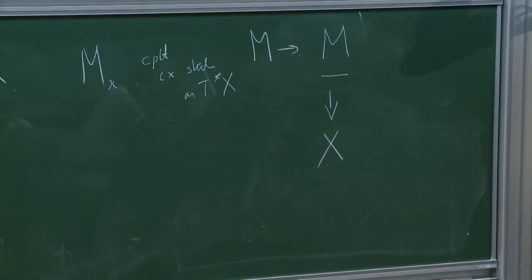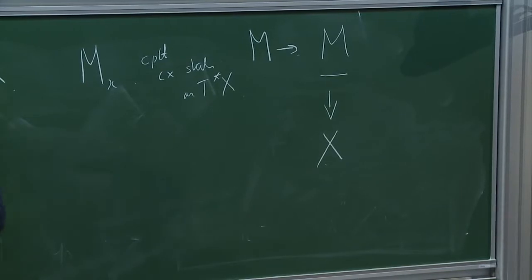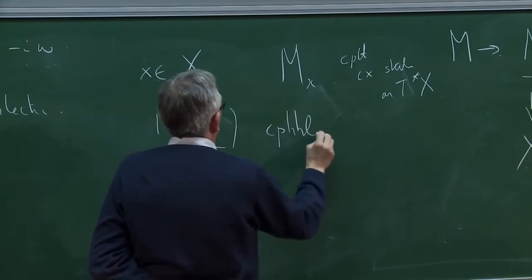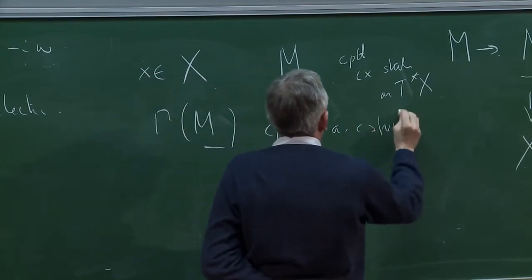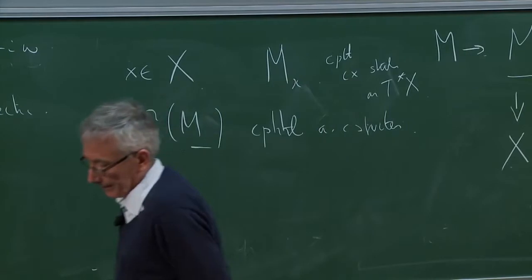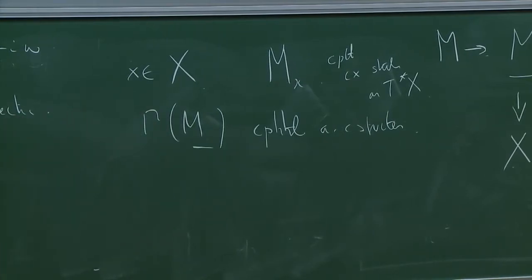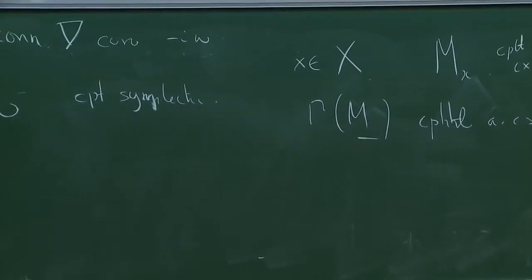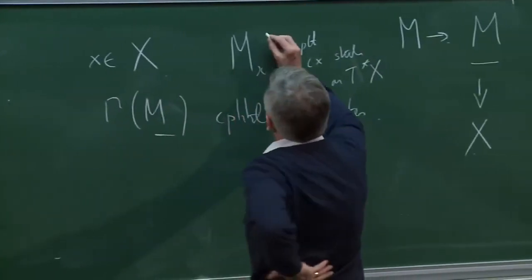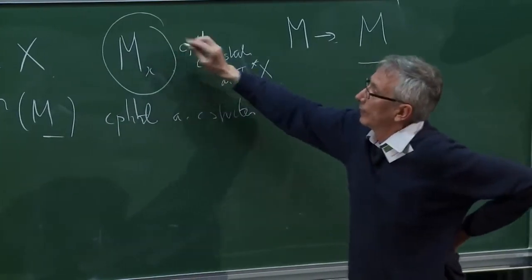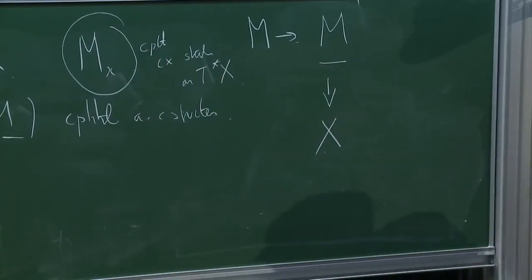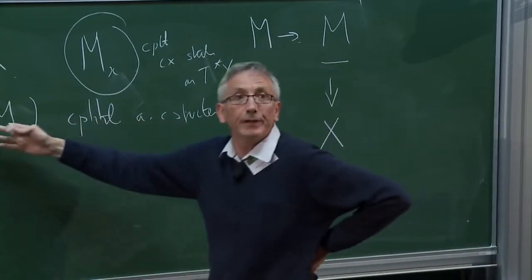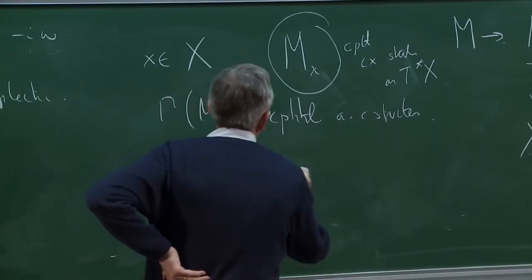So sections of this bundle are just compatible almost complex structures. Then the Kähler structure on the fibers of this bundle defines, at least in a formal sense, a Kähler structure on the infinite dimensional space of sections.